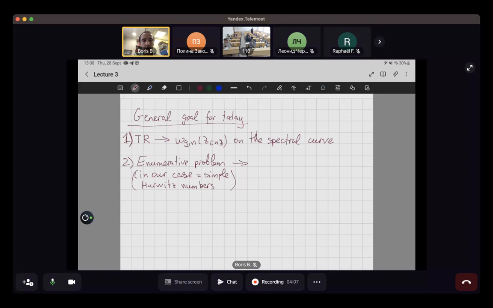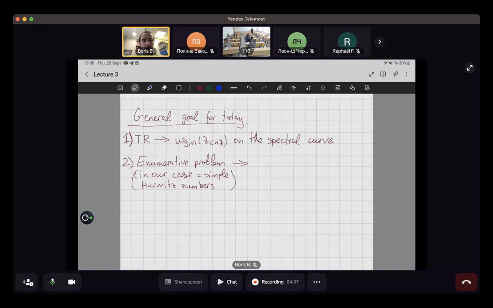This was on the first practice lesson, and the question is how to connect these omega g,n and this H, or just this simple Hurwitz generating series. This will be a very general construction which allows one to use topological recursion to compute many other numbers.